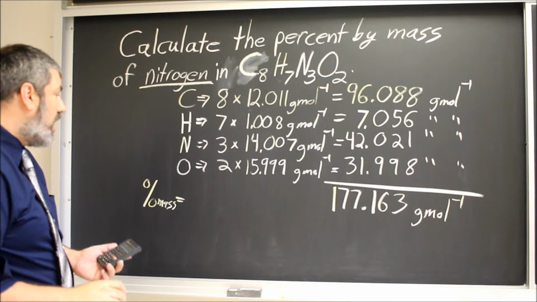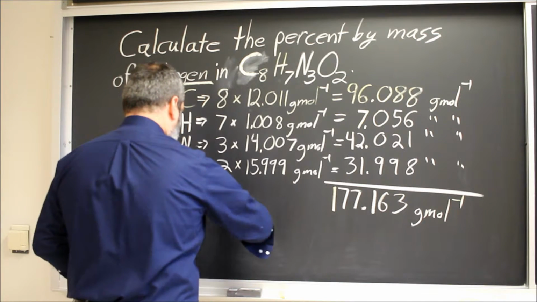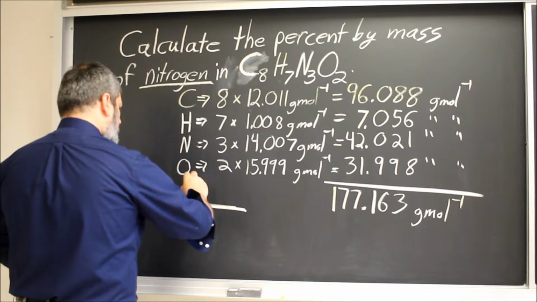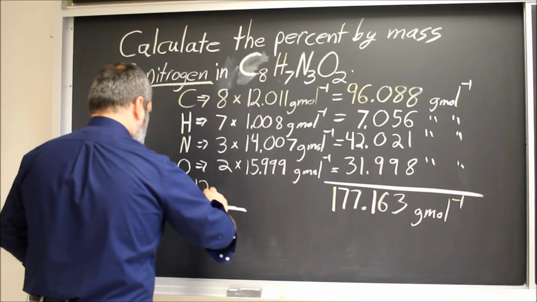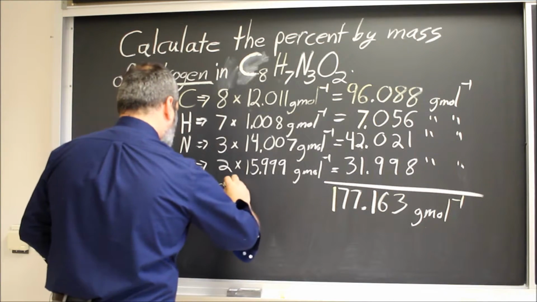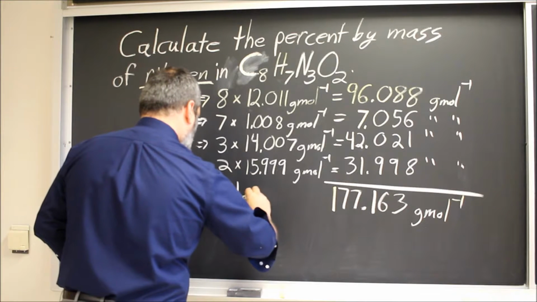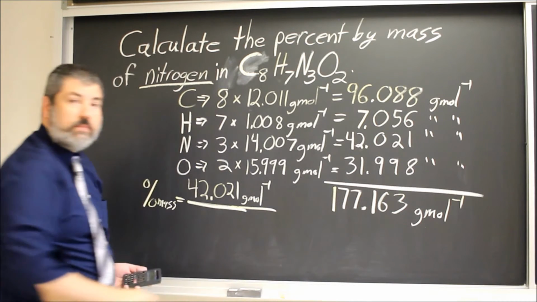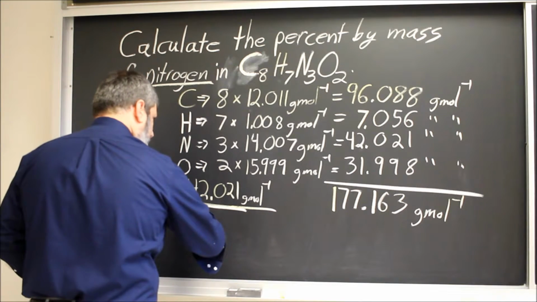is going to be the mass of the nitrogen atoms, which is 42.021 grams per mole, divided by the total molar mass.